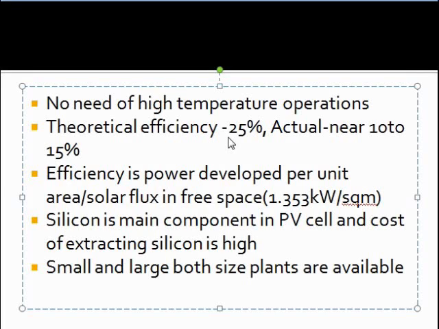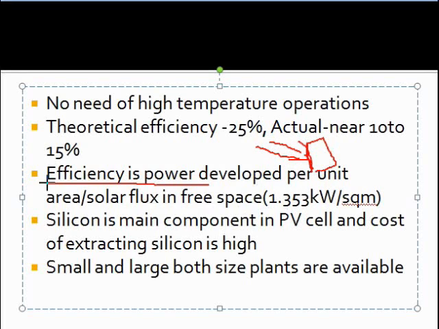And what is efficiency? Efficiency is the power developed per unit area. So for unit area, whatever power is developed, that is divided by the total power that comes towards the panel.